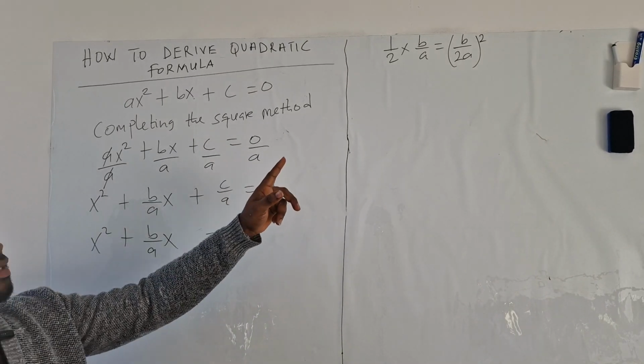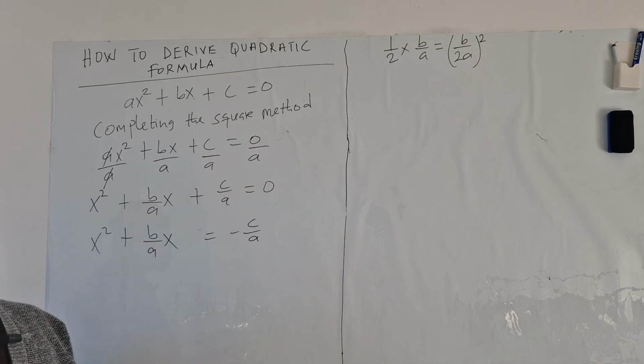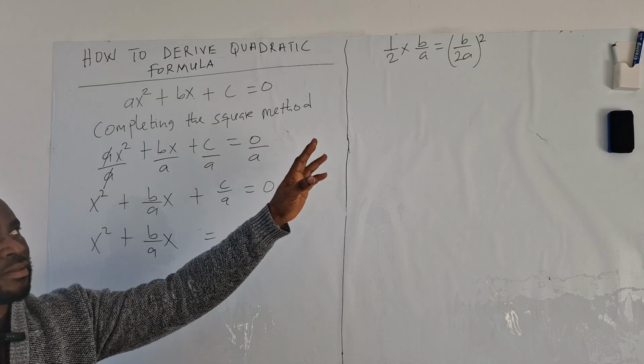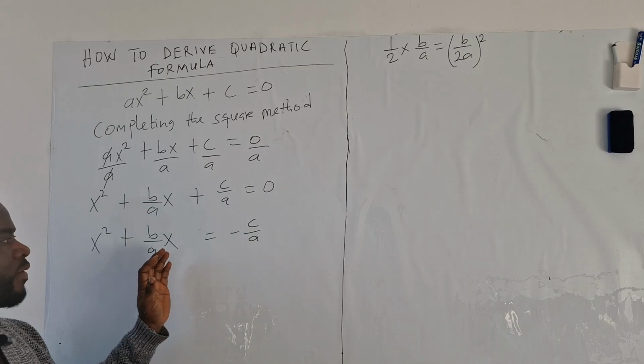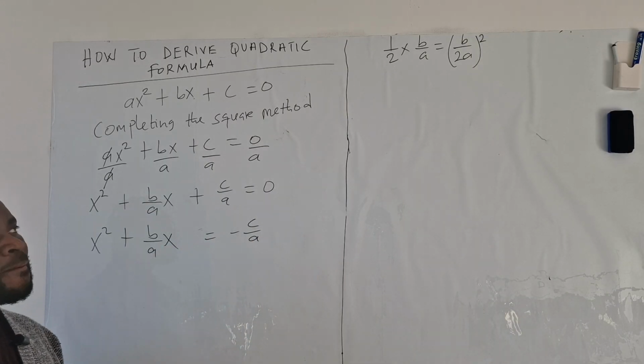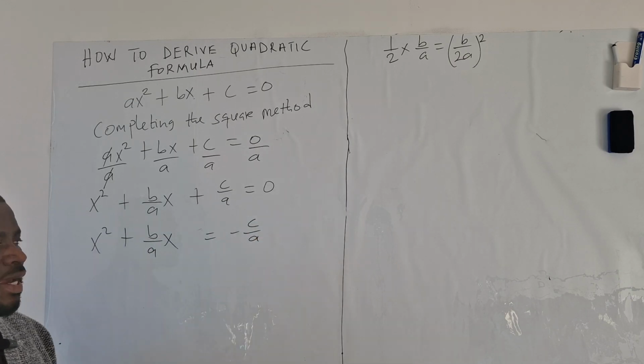Now, so this b over 2a all squared that we are getting there, what do you do with it? We are going to add this term to both sides of the equal to sign here. So we add this to the left side, we also add the same thing to the right side.